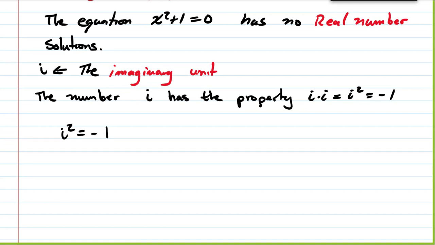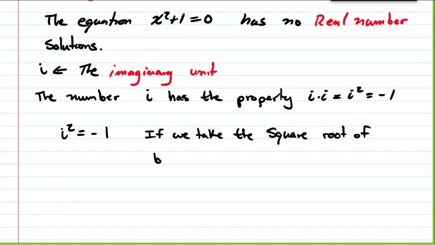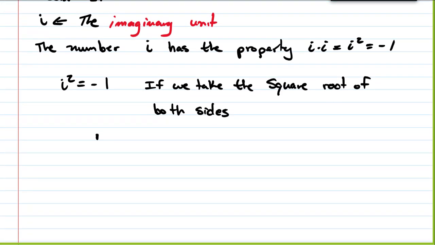If we take the square root of both sides, we end up with the equation, the square root of i squared, which is i, is equal to the square root of -1.